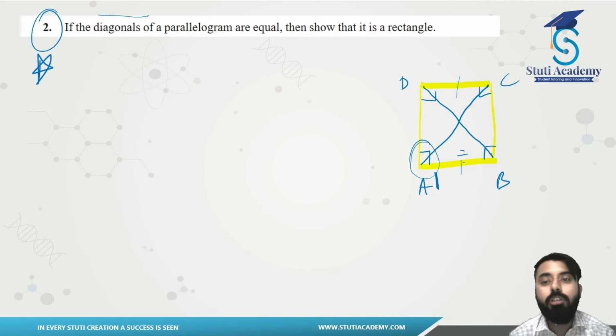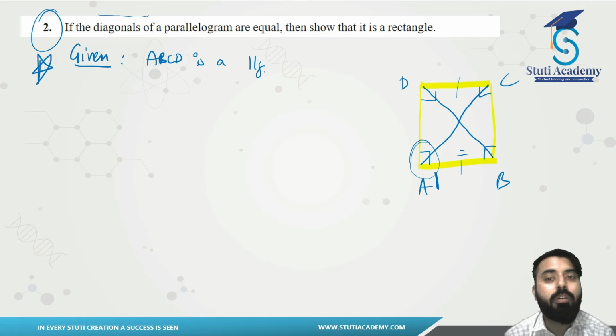So what I'm going to do, firstly I'm going to write given. I know ABCD is a parallelogram, right? So if it is a parallelogram, we know AB will be parallel to CD and AB will be equal to CD.